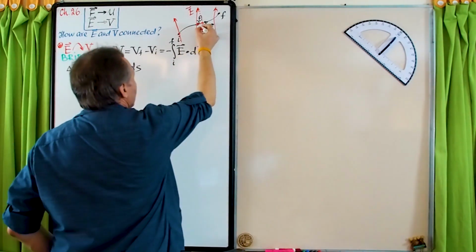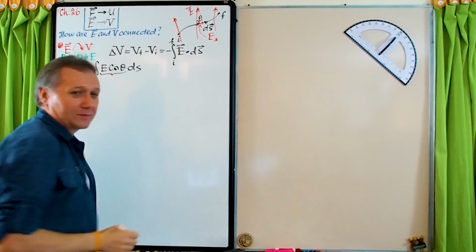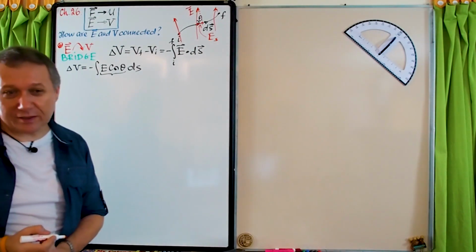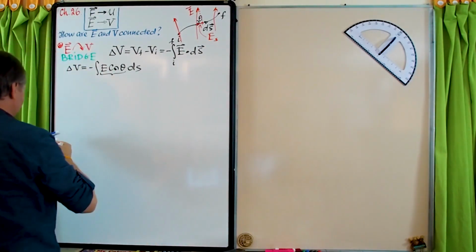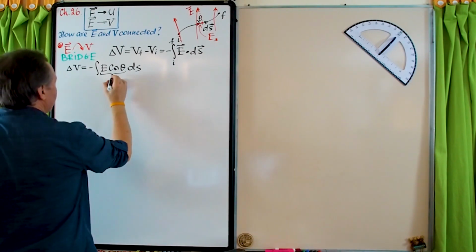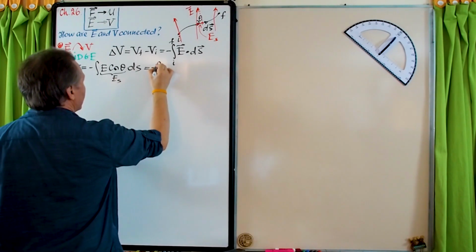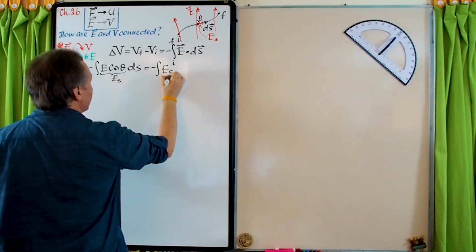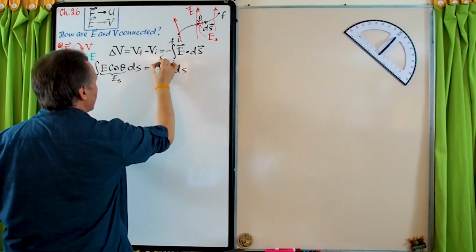So this will be E sub s, right? It's the component of the electric field along the displacement. So as a result, it will be the integral of E_s ds from s initial to s final.